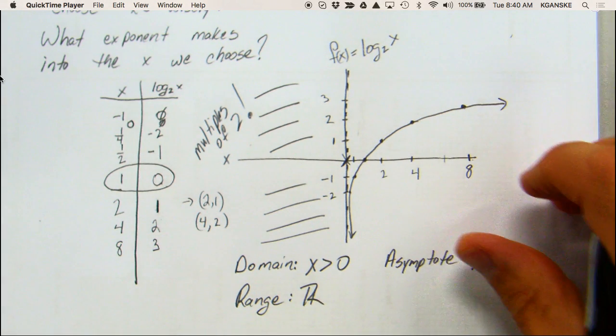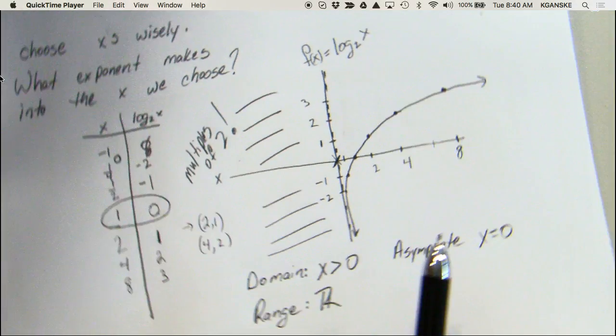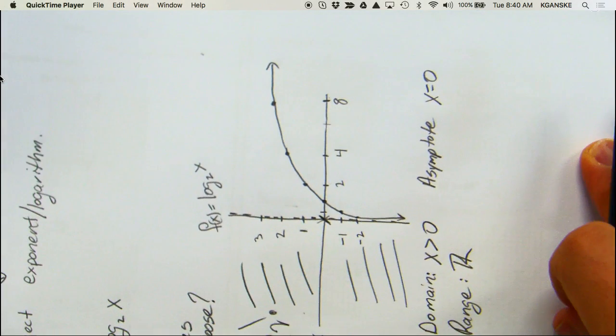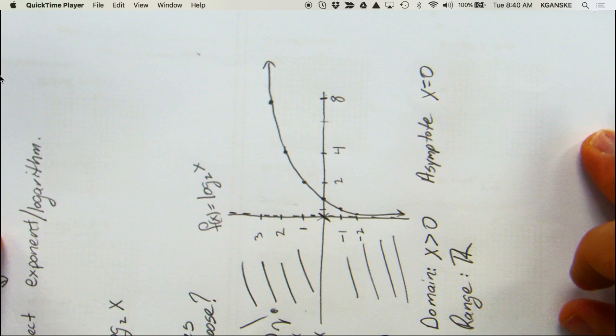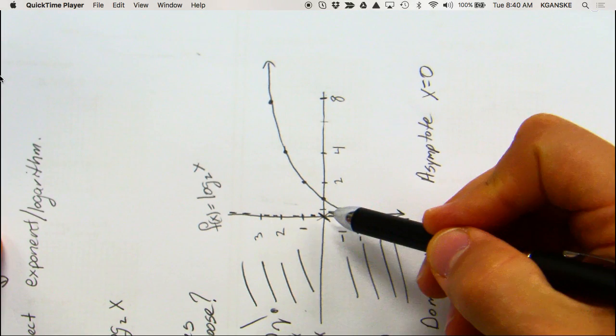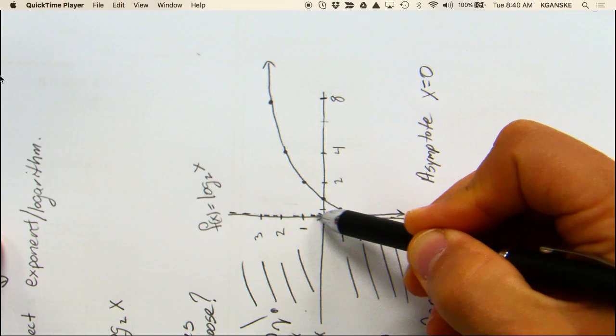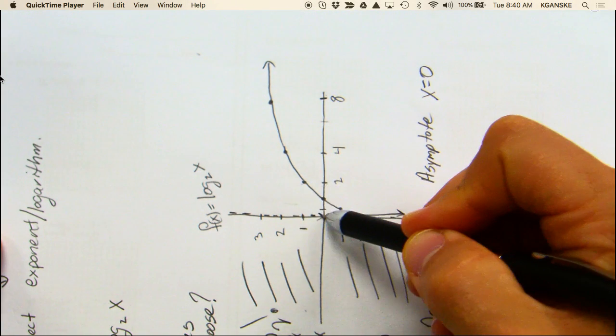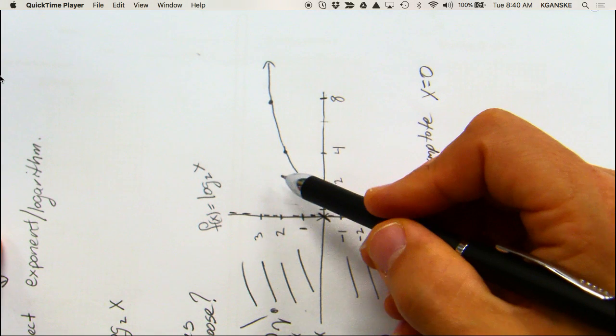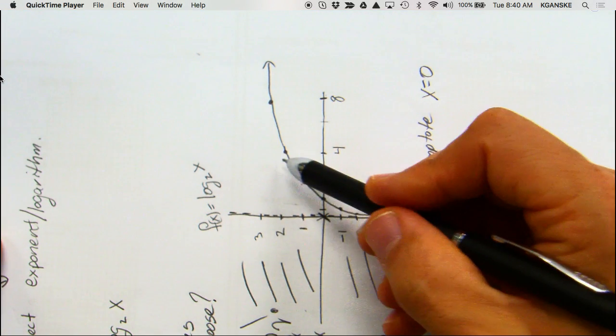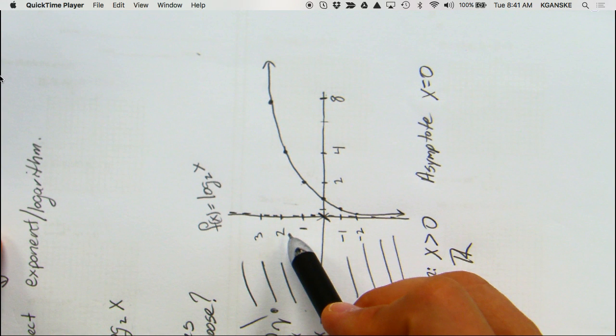Now check this out. If I did this, I've got that 0, 1 point. 1 goes in, 2 comes out, 2 goes in, 4, or negative 2 goes in, 4 comes out. These are positive, right? Think of it in the other direction.